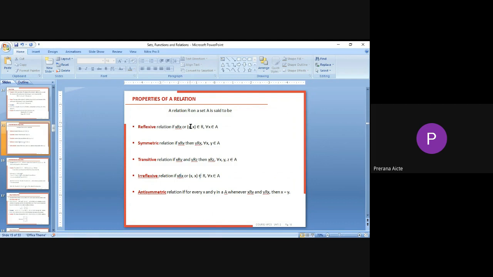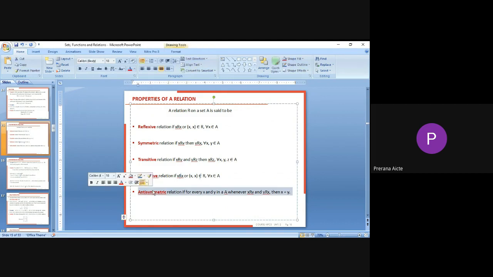Reflexive means (x, x) should belong to R, irreflexive means (x, x) should not belong to R. And antisymmetric relation means if we have the relation from x to y and y is related to x, then x will be equal to y.